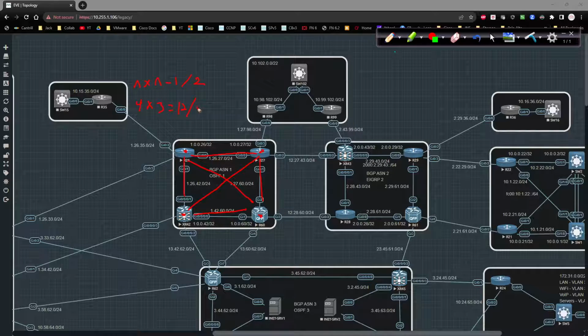In this case we have n = 4, so 4 times 3 is 12, divided by 2 equals 6. So I'm going to have 1, 2, 3, 4, 5, 6 peerings. That's the full mesh.